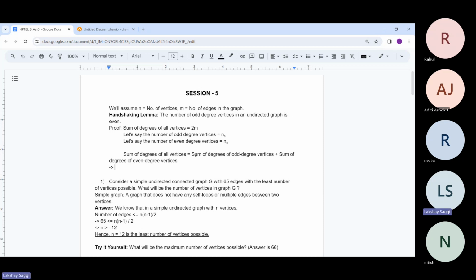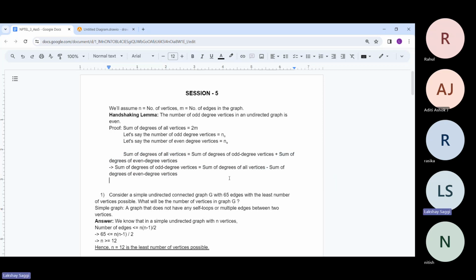So we can say that the sum of degrees of odd degree vertices is equal to the sum of degrees of all vertices minus the sum of degrees of even degree vertices. Since both of those parts are even, the sum of degrees of odd degree vertices is an even number.